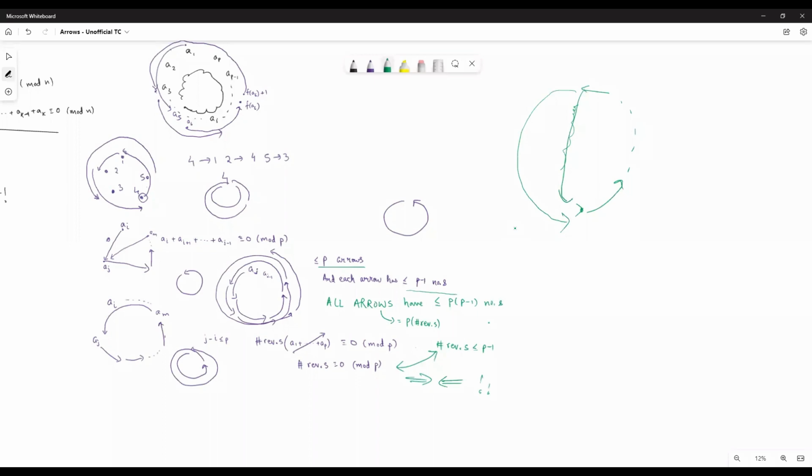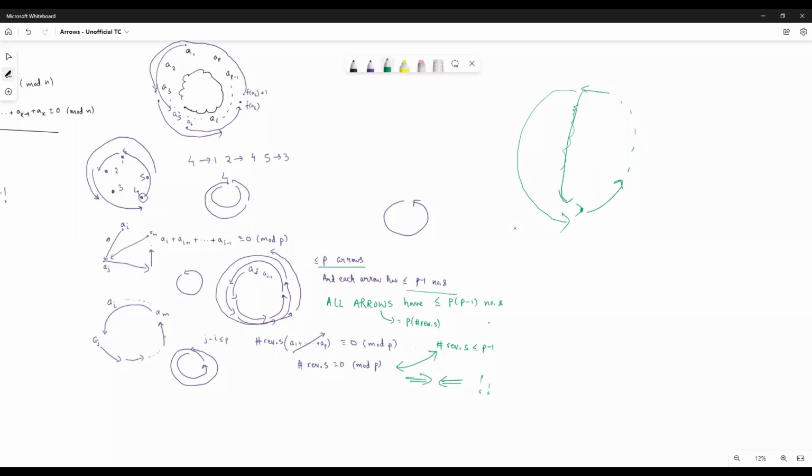Because the arrows start and end at the same point, all the numbers are visited the same number of times, which is the number of revolutions. All arrows combined have p times the number of revolutions numbers, which is less than or equal to p times p minus 1. So we have the number of revolutions less than or equal to p minus 1.